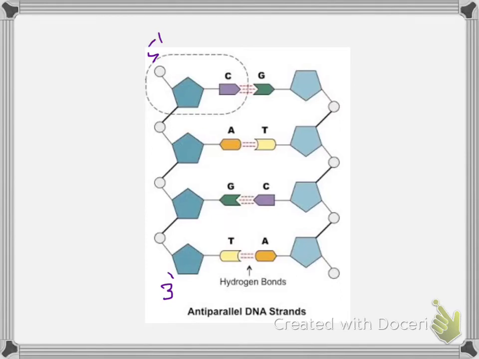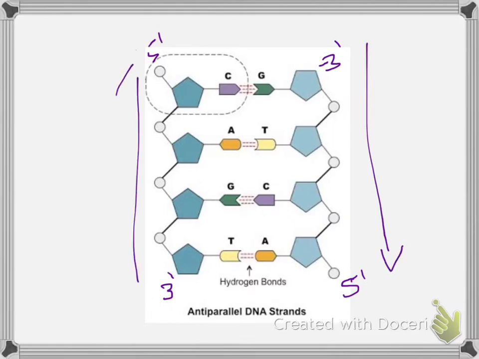In the other one, this is the 3' end and this is the 5' end. So these two strands are running in different directions. The first one is in the 3' to 5' direction, the other is in this direction. So these are anti-parallel DNA strands.